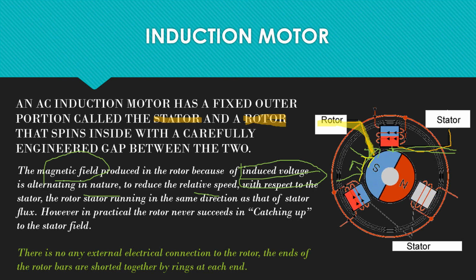When the rotor starts moving, it tries to catch up with the speed of the stator field, but it never succeeds. And the fun thing is that there are no external electrical connections to the rotor. So coming to the point, we will conclude the induction motor section now. So this is all about the working of the induction motor.